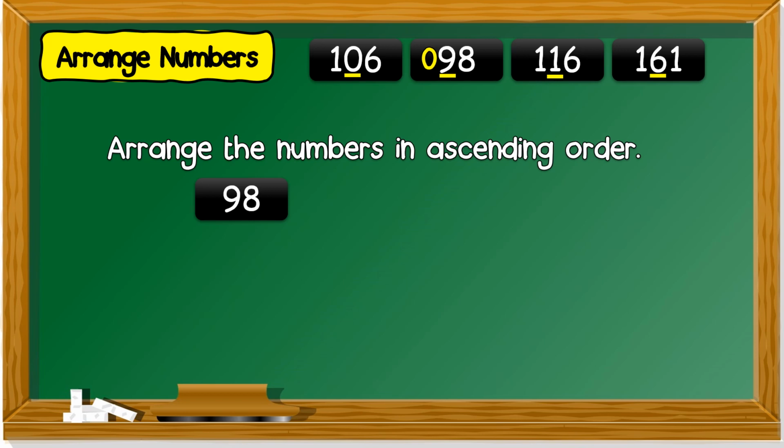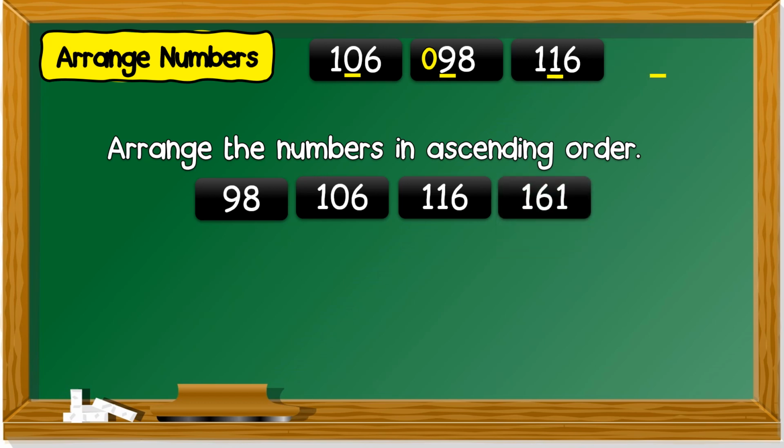So 106 is the second number. Then we look at the tens again, 1 and 6. So the smaller one is 1. The next number is 116. And the largest number here is 161. So this is how it is in ascending order.